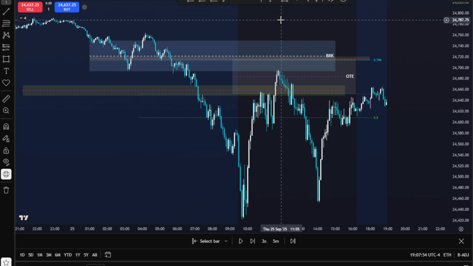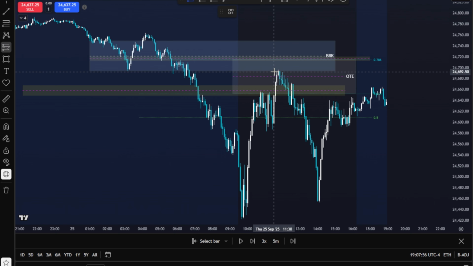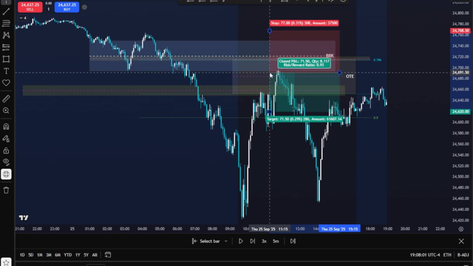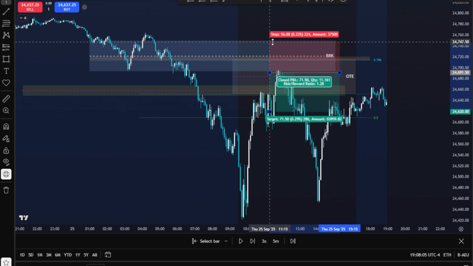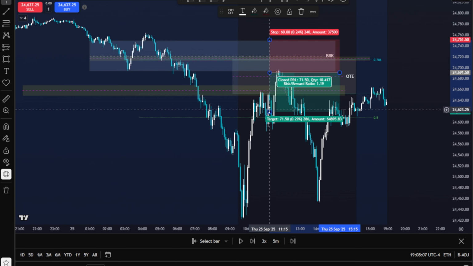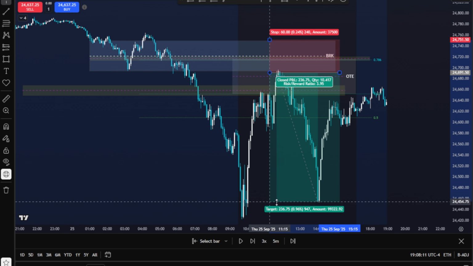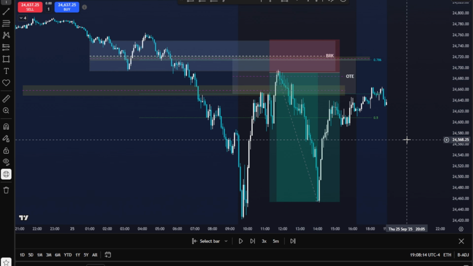So my entry on this day was around right here, close to this. You can see there's a wick, and my stop was outside this breaker block, target of 2RR down here, and then the rest I let it run to, I think it was close to 4, yeah, close to 4.